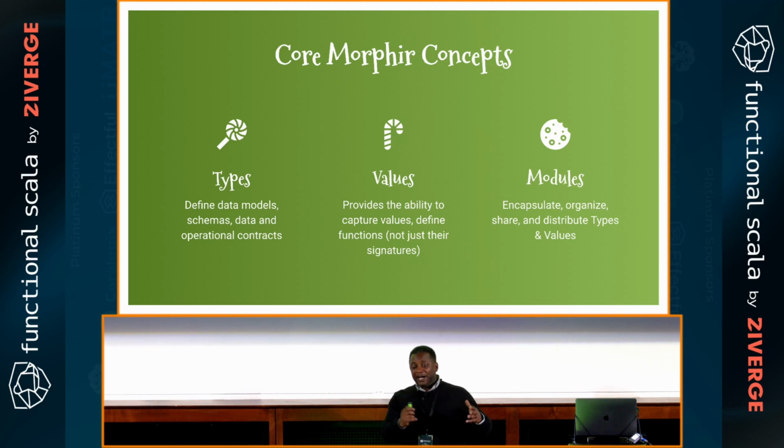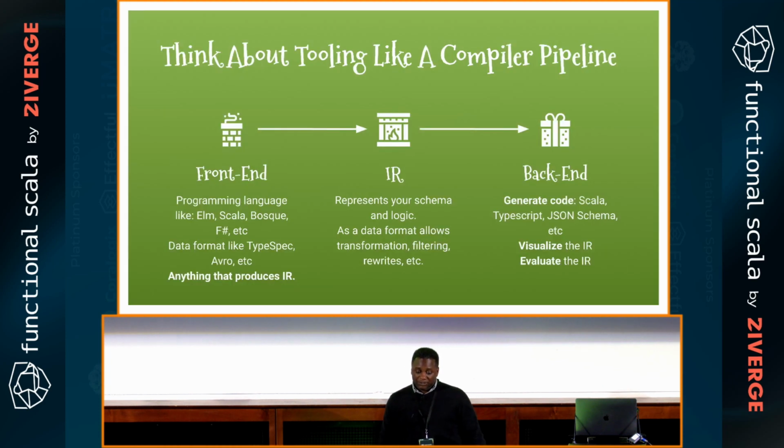But they define schemas and signatures. Morphir actually captures your business logic in its data format. It also provides modules. Last talk, I keep going back to it. Modules are really important, and if you go above and you're able to have components to encapsulate your types and your values, it's really important for shareability and the ability to distribute things.